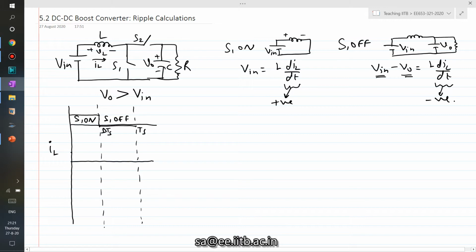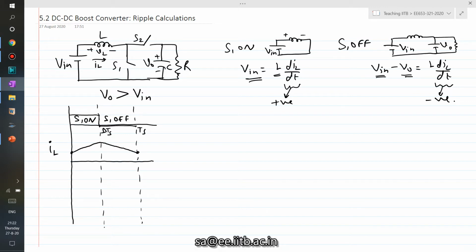Let's say the initial value of inductor current was this much, and from this point it rises with the slope of V in by L, and from that point it falls with the slope of V in minus VO by L, which will come out to be negative. Since we are talking about steady state, the start point and the end point in the cycle are the same, right?